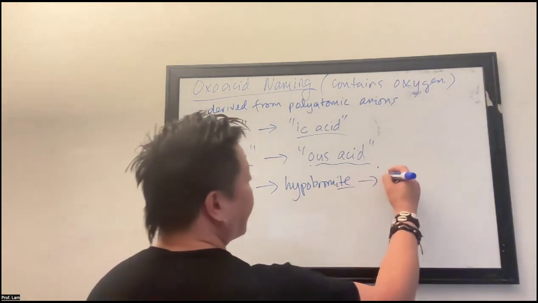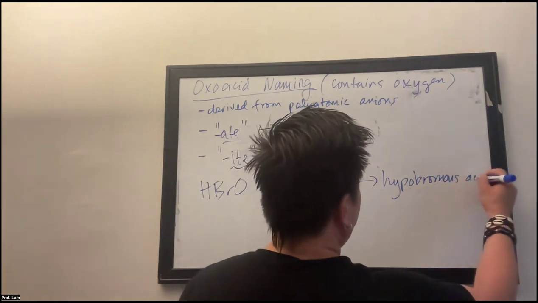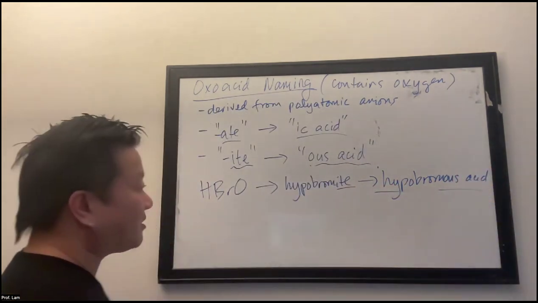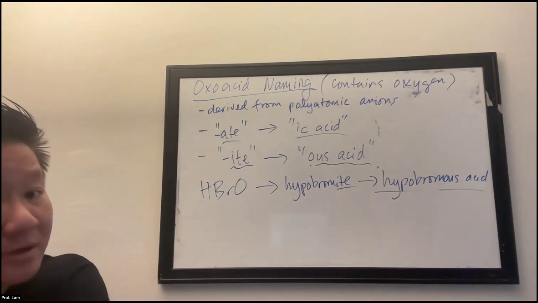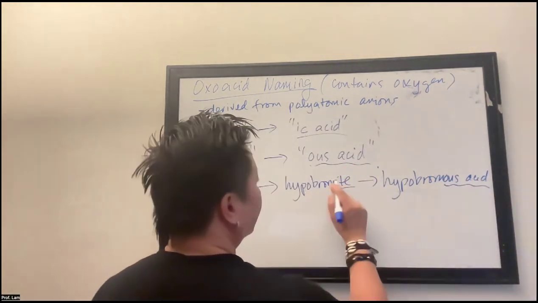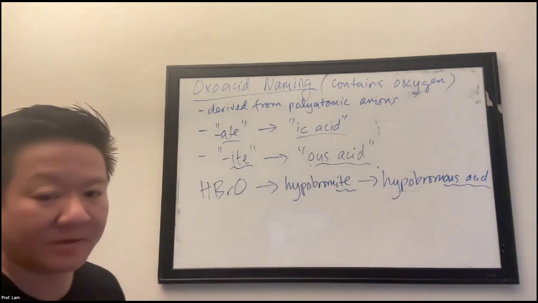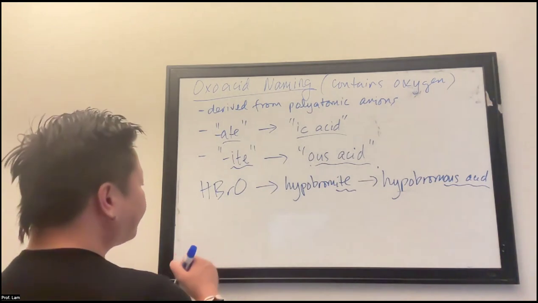So ite needs to change to ous acid. Okay, so HBrO is hypobromous acid. Right? We saw that earlier. All right, ite turns into ous. Okay. One more.